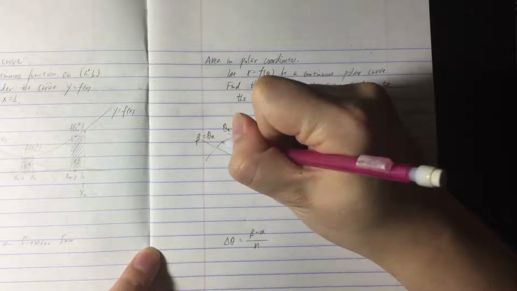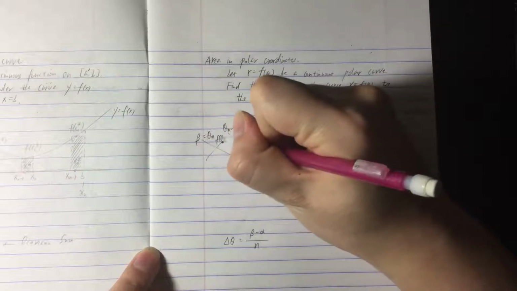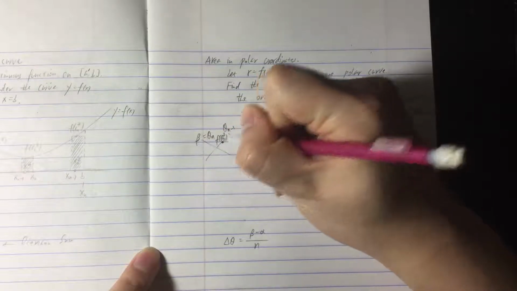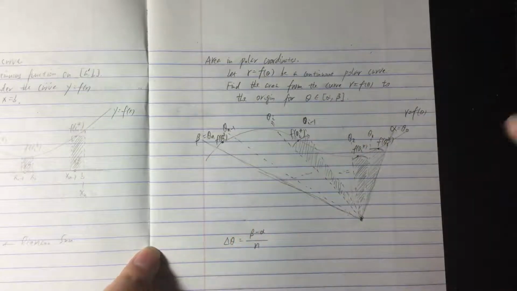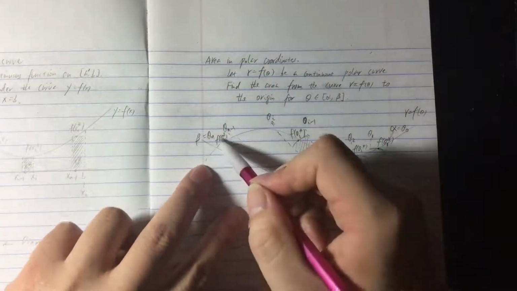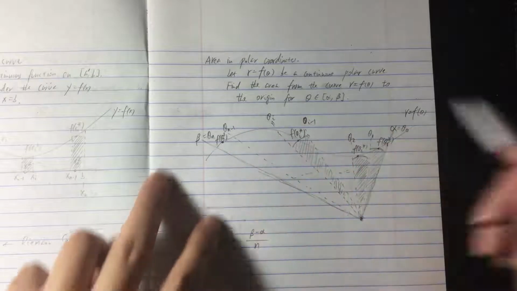So for every region, we pick a sample point. The last one is f of theta n star.